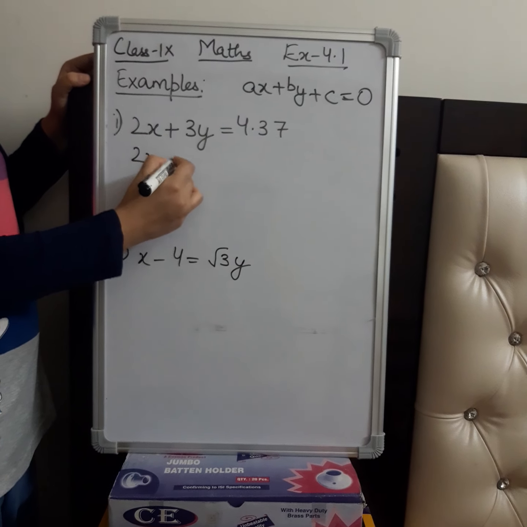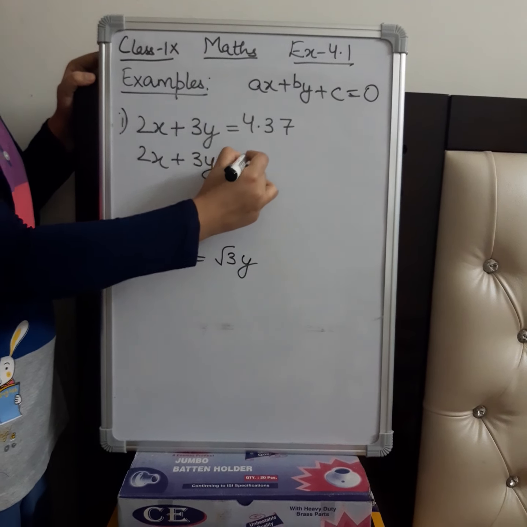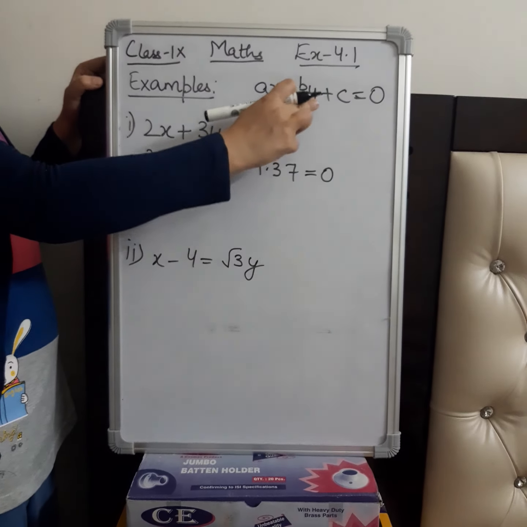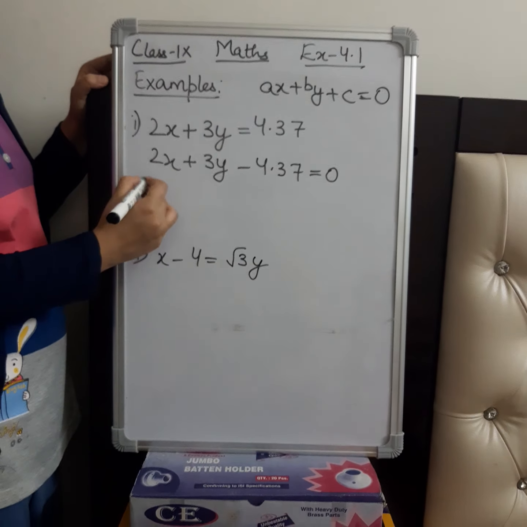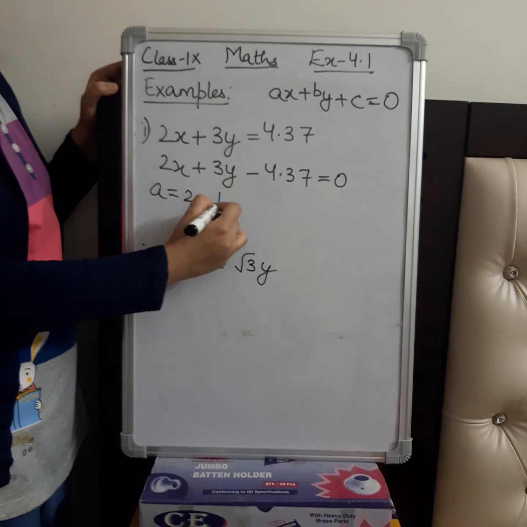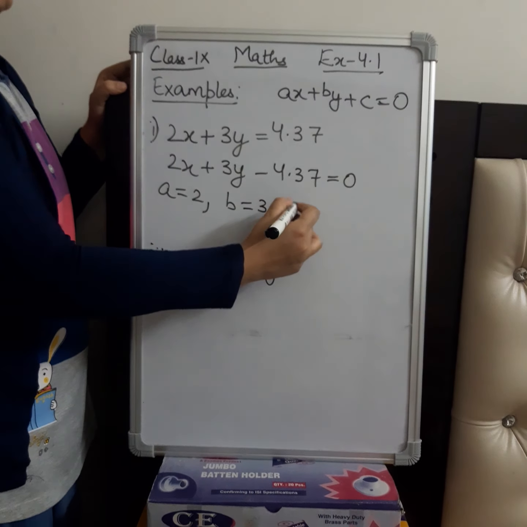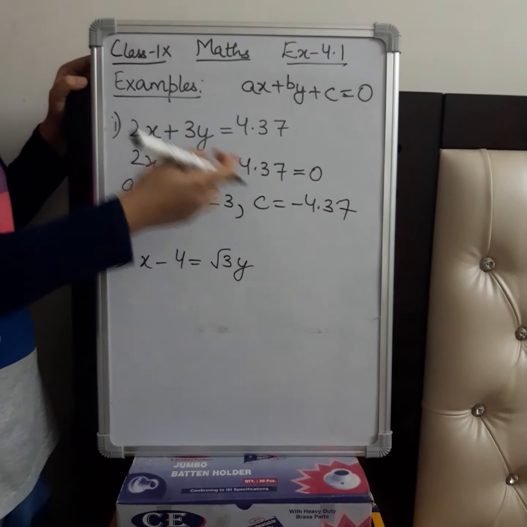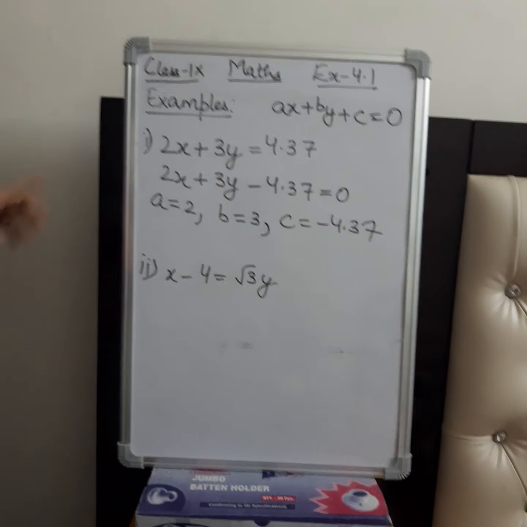Now, 2x plus 3y minus 4.37 equal to 0 is similar to this. So a is 2, b is 3 and c is minus 4.37. You have to be very careful with the signs.